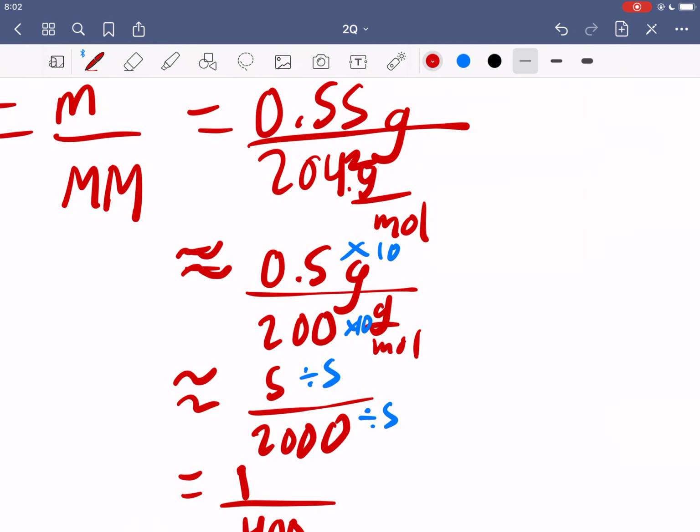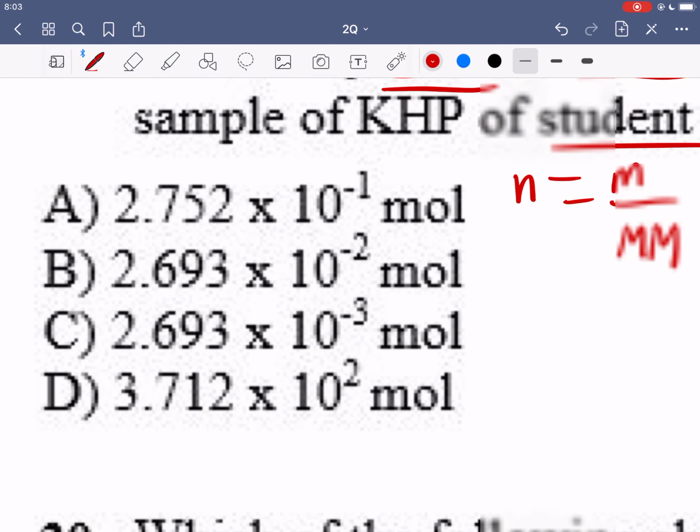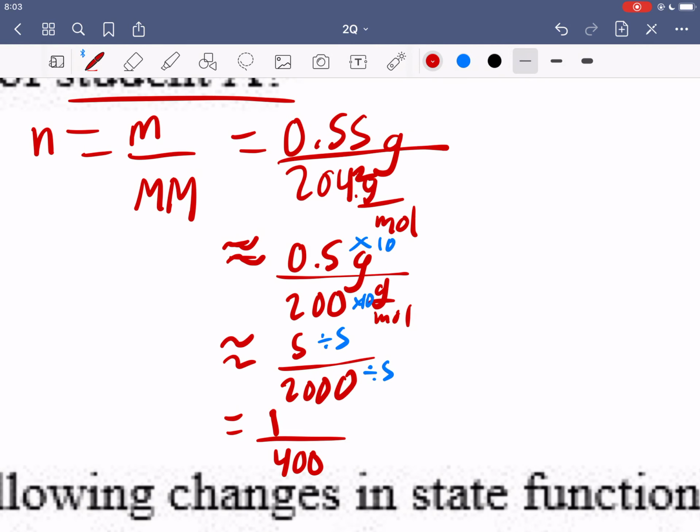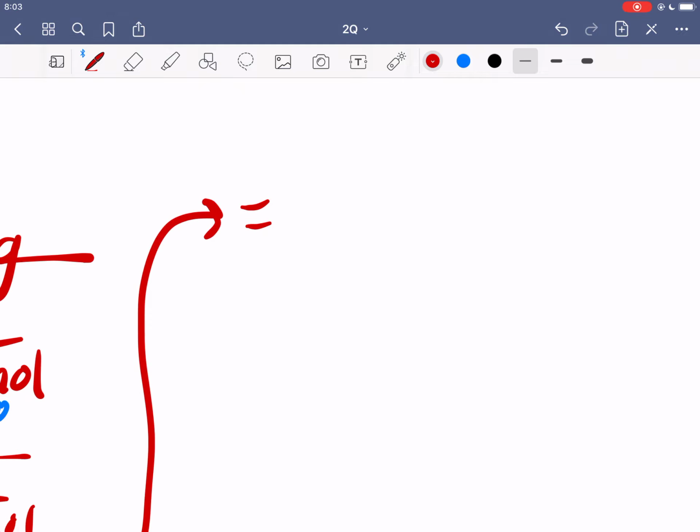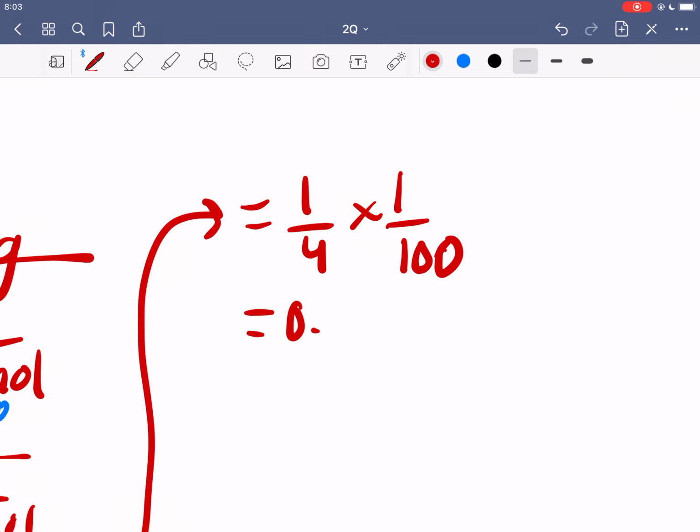Okay, now if I look at all the answer options, these are all in decimals. So now it's just, can you turn this fraction into a decimal? The 1 over 400, that's the same thing as 1 over 4 times 1 over 100. Okay, those numbers are much easier to deal with. 1 over 4, I know that that's 0.25. It's a quarter.